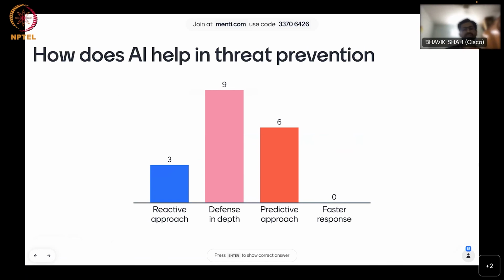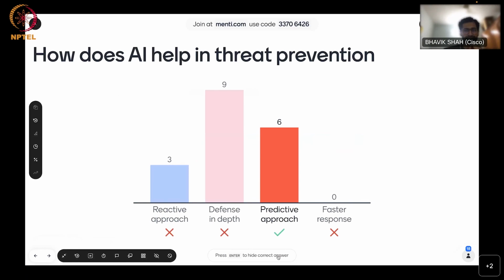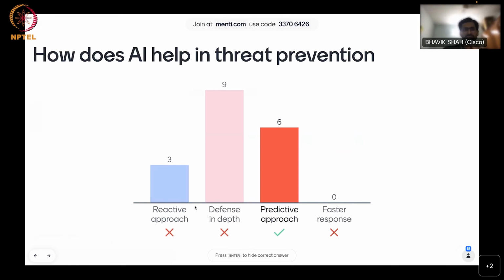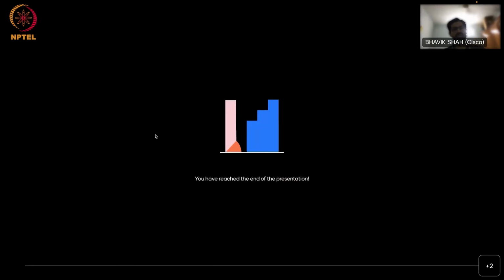And as I mentioned, reactive approach is more a traditional approach which we used to take, but now the needle is moving towards a predictive approach, and that's where AI helps. So yeah, this was a pretty tricky one, but predictive approach is the right answer, right? Okay, so I think that's it from my side.